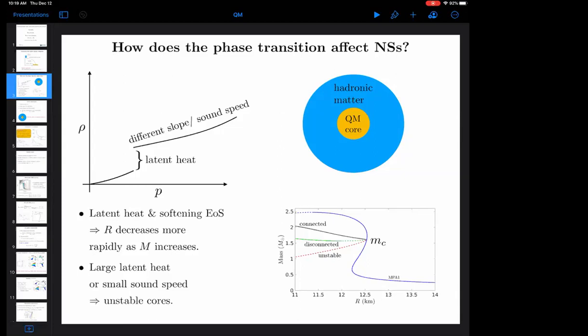I have not, but others have. I know that Ozel, for example, has a lot of papers on this. But one major advantage that LIGO has over those methods: first of all, they rely on a lot of theoretical assumptions.